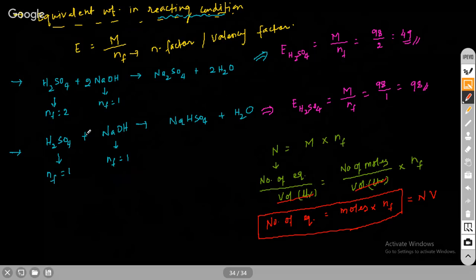Like I'm continuously repeating, whenever two substances react, equal equivalents will react, right? So with the help of this formula, what is the number of equivalents of H2SO4 we have here if I ask you? The reaction is balanced. We know the respective moles of H2SO4 and NaOH, that is 1 and 2. N factor you also know.